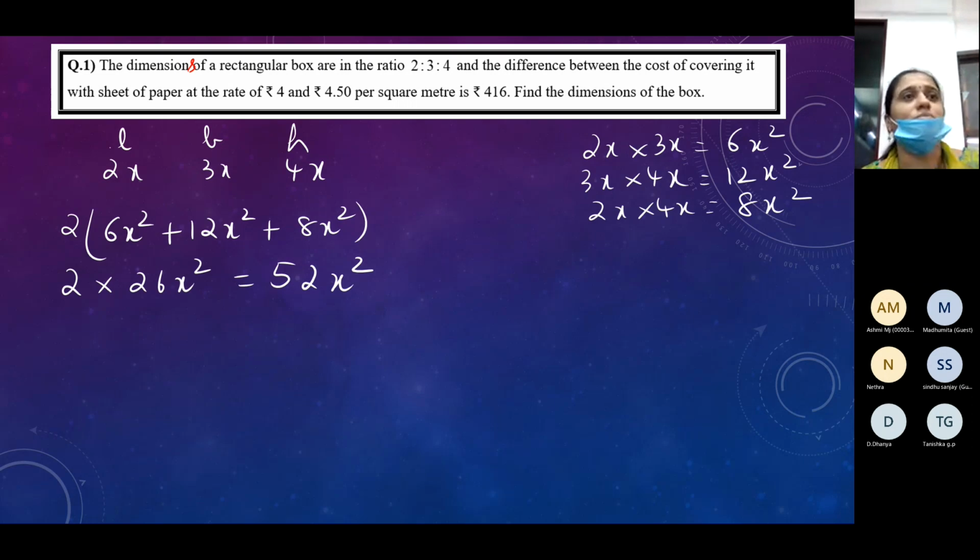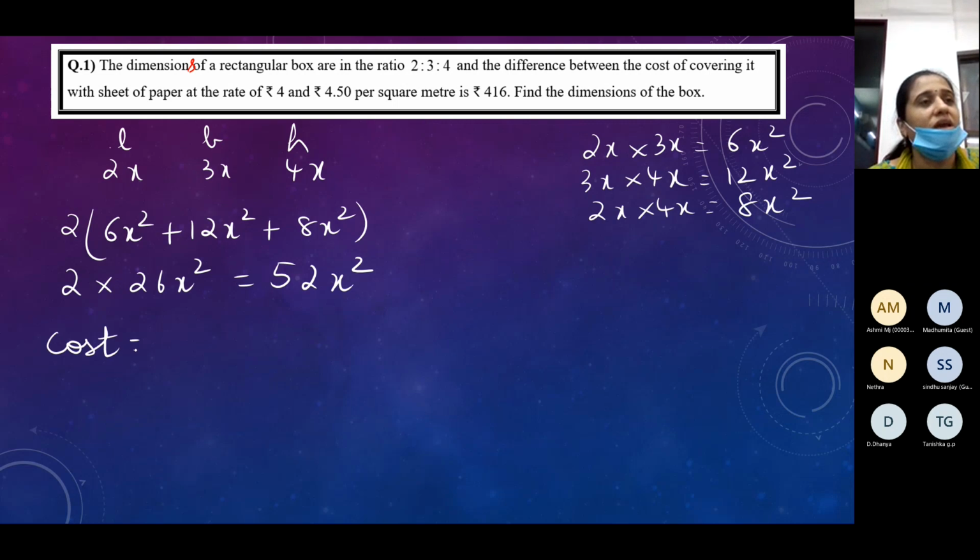Now you're going to a shop where you see 2 different kinds of paper. One paper is sold at the rate of 4 rupees per square meter, and the other paper is sold at the rate of 4.5 per square meter. So what will be the cost?